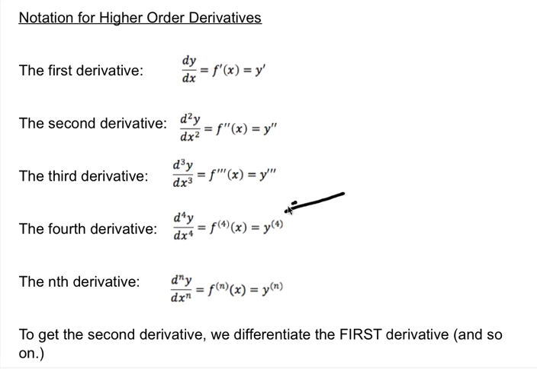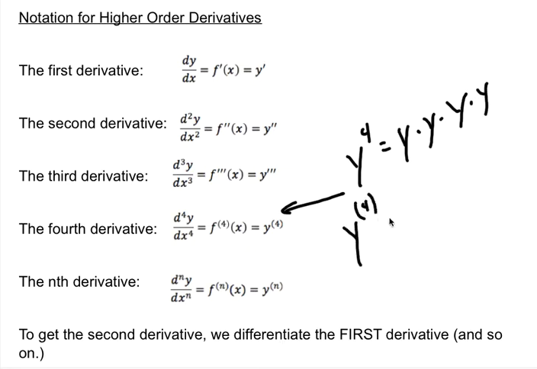Y to the fourth means y times y times y times y. But y with a 4 up in the superscript in parentheses means the fourth derivative of y. Okay, so we see the difference, right? Y with a fourth as an exponent means y times y times y times y. Y with a 4 up in parentheses in that superscript position means the fourth derivative.